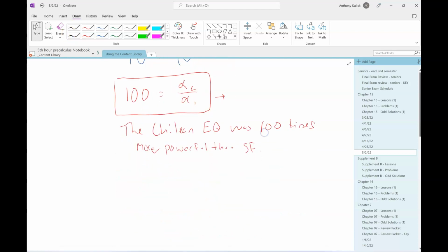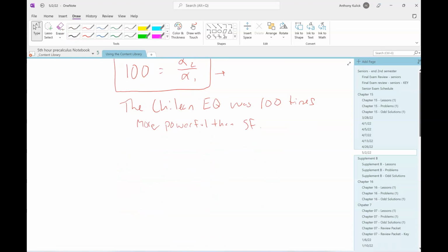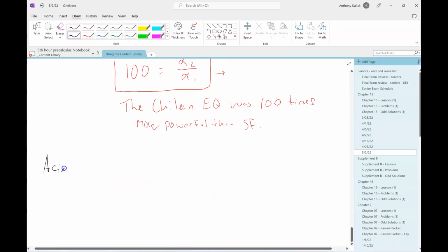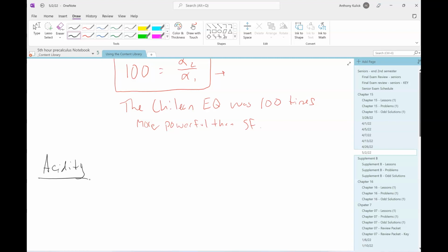Next model that we'll look at is acidity. How do we measure the acidity of a compound or a liquid? Chemistry students, what's it called? The pH.